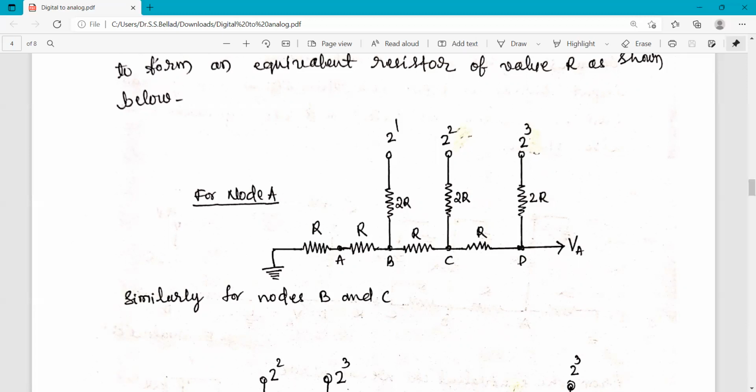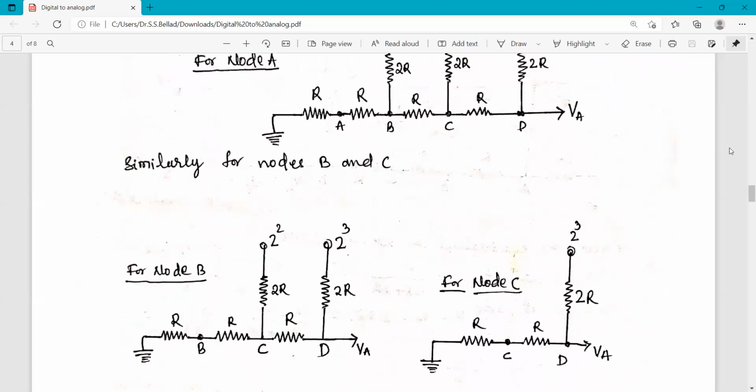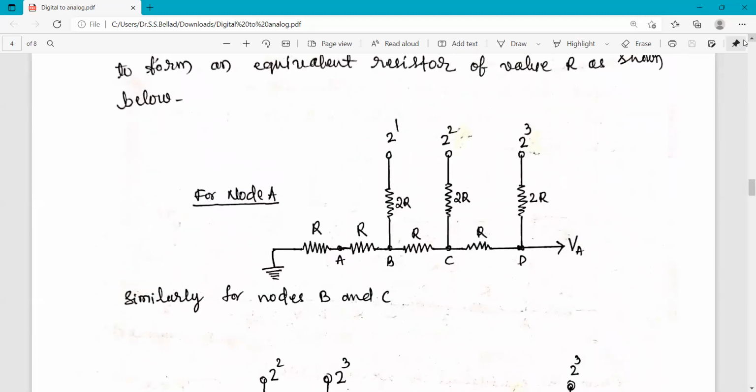Similarly, we can simplify the other nodes. When you move to node B, this R plus R becomes 2R, and here again 2R is there. The input end, that is the 2 raised to 1 bit, is also grounded.